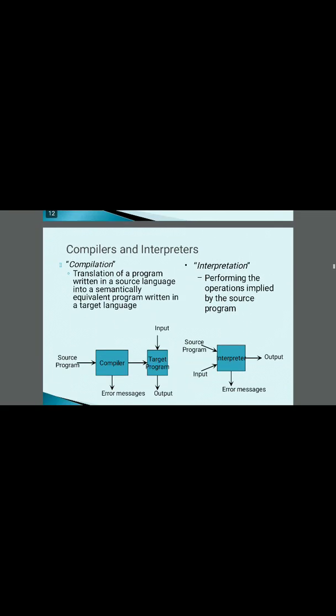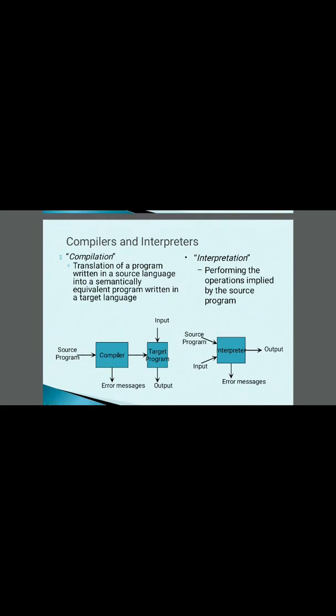Observe this diagram carefully here. Compilation and interpretation do the same thing. Compilation also converts your high level language into a target, that is, one source program language into another. Even the interpreter does the same thing.